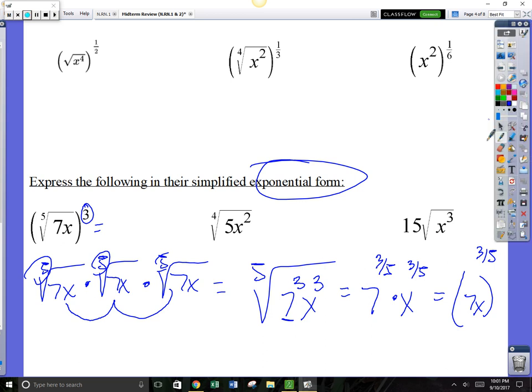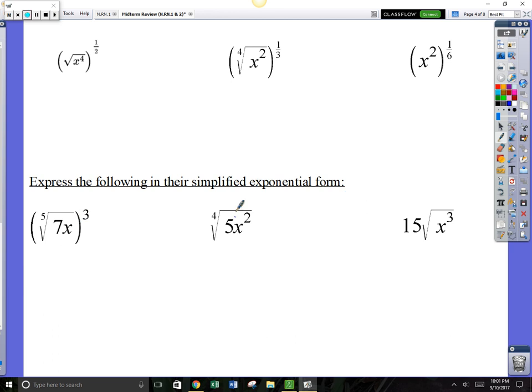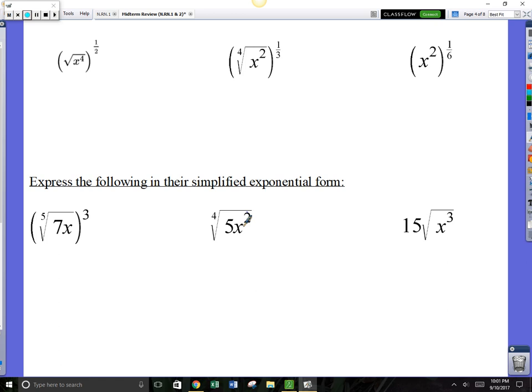Okay, the middle one is a little different. That 2 is only the exponent of x. The exponent of 5, if there's not one, it's understood to be 1. So I'm going to do each of these factors on their own. So it's 5 times x squared.